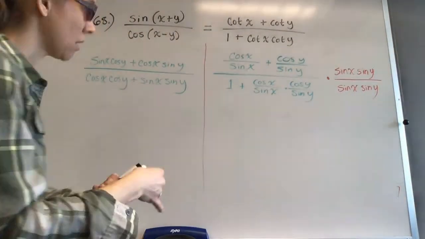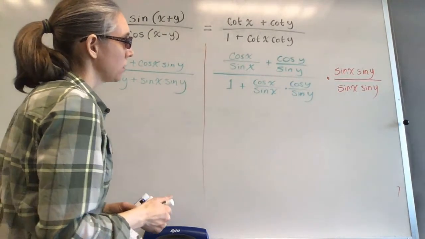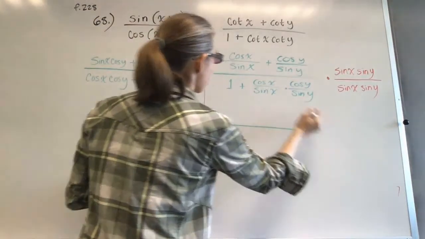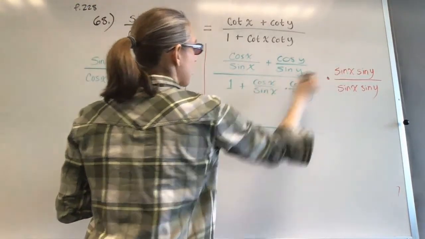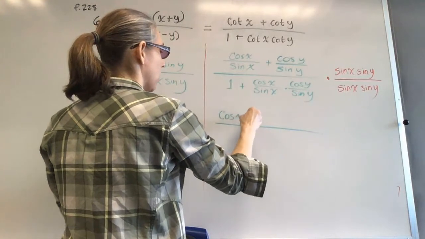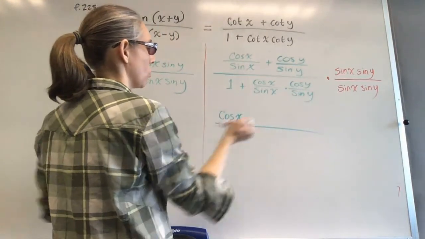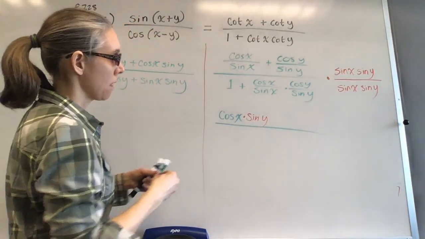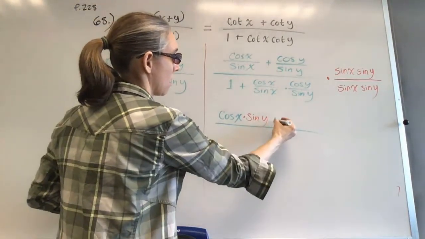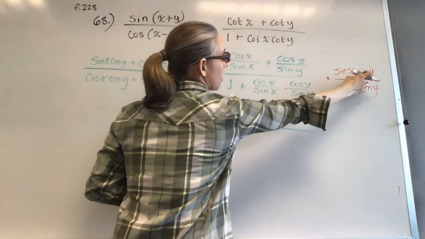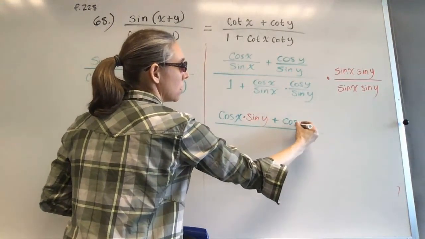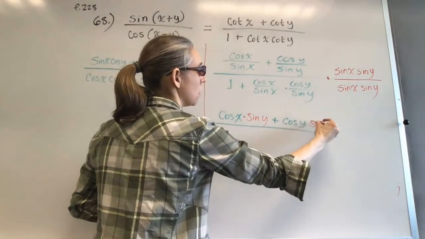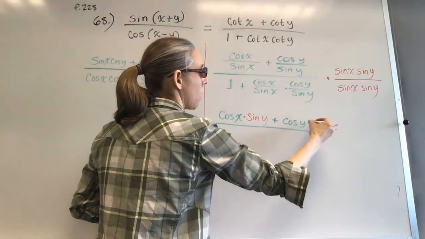Now we can clear this complex fraction. Let's see what happens. For my numerator, the sine x and this sine x cancel, giving me cosine x times the resulting sine y. And then this sine y cancels with that sine y, giving me cosine of y times sine x.